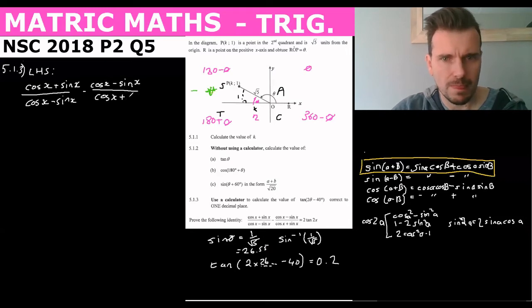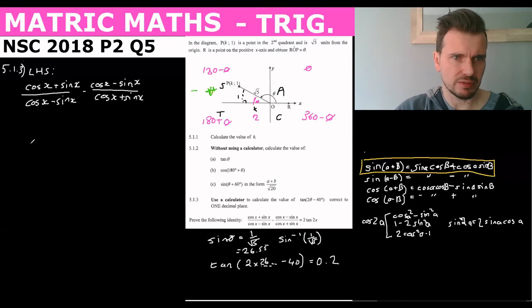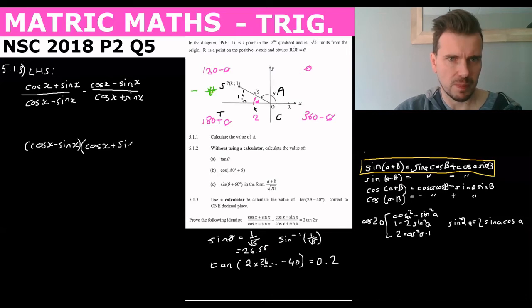Okay. So if we times these together, so if it was the common denominator, cos x minus sine x, and then we times by the other one.